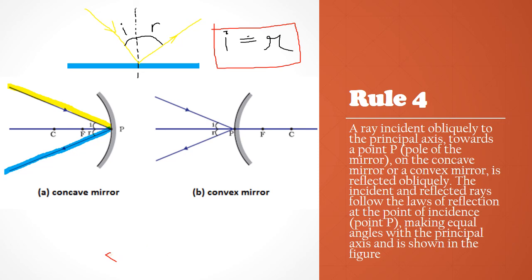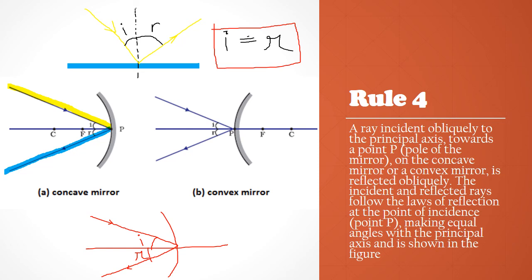And your final rule, rule number 4, states that if a light is directed towards the point P, this light will undergo reflection, and in this case the angle of incidence is equal to angle of reflection. Now, these are the 4 rules which are applied for both your concave as well as your convex mirror.